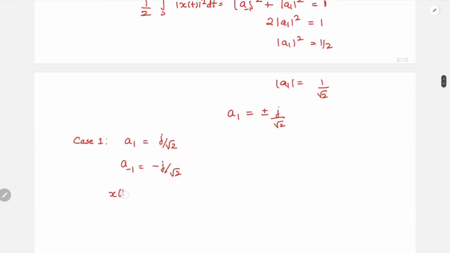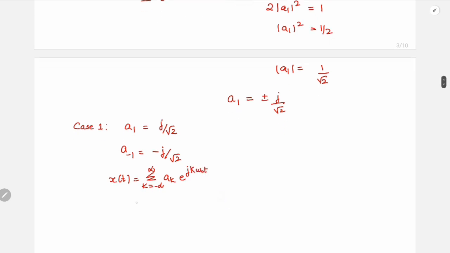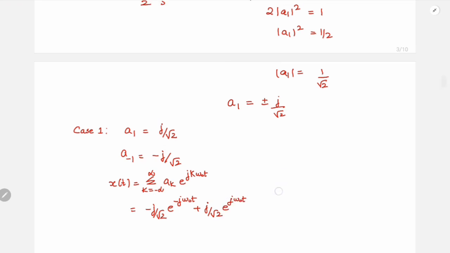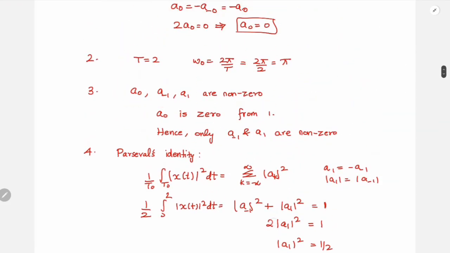So x of t is summation k equal to minus infinity to infinity ak e power jk omega naught t, and this is equal to minus j by root 2 e power minus j omega naught t plus j by root 2 e power j omega naught t, and omega naught is pi, correct?